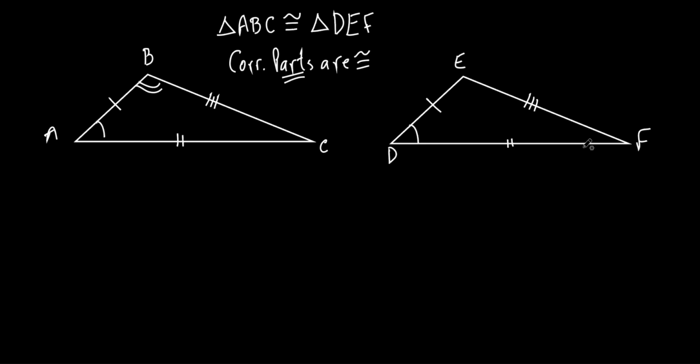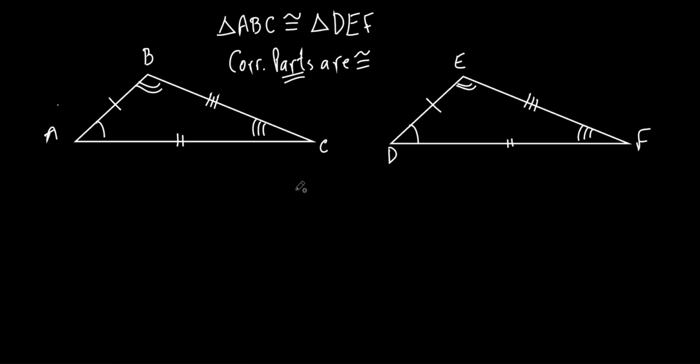The 2 just means the ones with 2 are equal, the ones with 3 are equal, the ones with 1 are equal. And same thing with the arcs. The angles with one arc are equal to each other. The angles with two arcs are equal to each other. And the angles with three arcs are equal to each other. Okay? So if those triangles are congruent, you know all that stuff must be true.